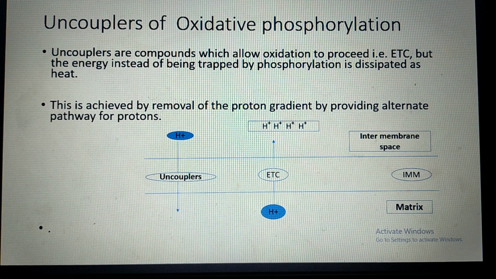When the proton gradient is dissipated, and the protons pass directly through the inner mitochondrial membrane in the presence of an uncoupler, ATP is not synthesized.